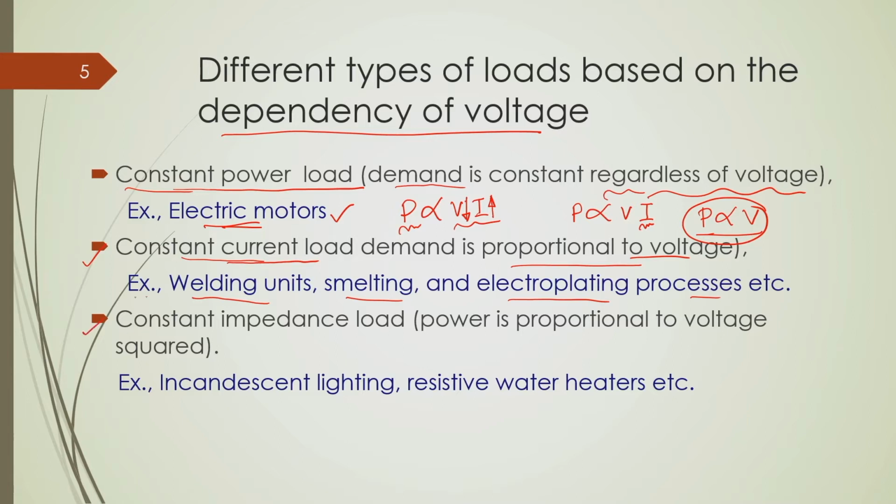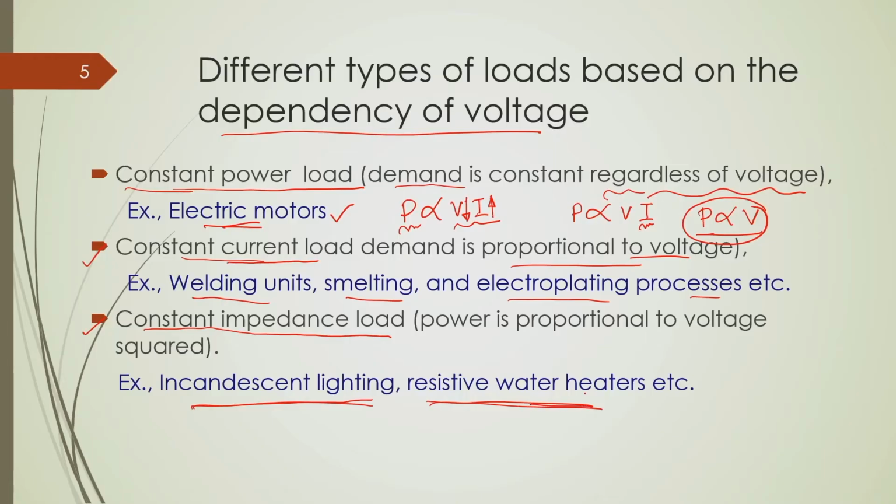There are certain loads which are called constant impedance loads, for example, water heaters and incandescent lighting. Incandescent lighting mostly does not exist in the present scenario, but resistive water heaters you can consider as constant impedance loads, because their impedance remains constant and they demand power accordingly.